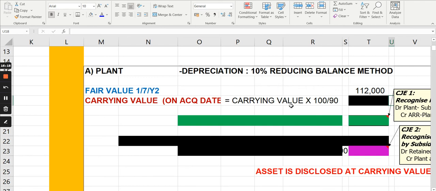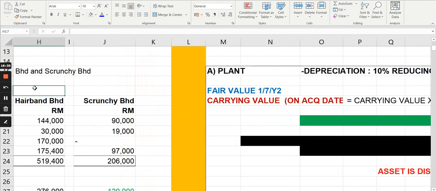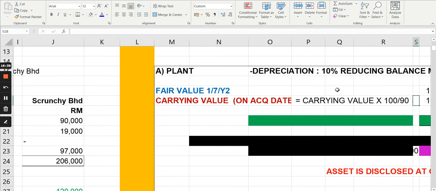So if it's 1 year earlier, the carrying value would be more. So you gross up the carrying value. The carrying value would be 90,000. I just put the working here for you.